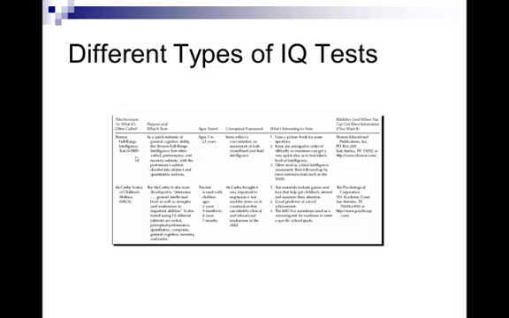Slosson's Full Range Intelligence Test, and McCarthy Scales of Children's Abilities. Now this one gets to really young children, from like 2 years 4 months to 8 years 7 months. So it's almost pre-kindergarten all the way to first grade.